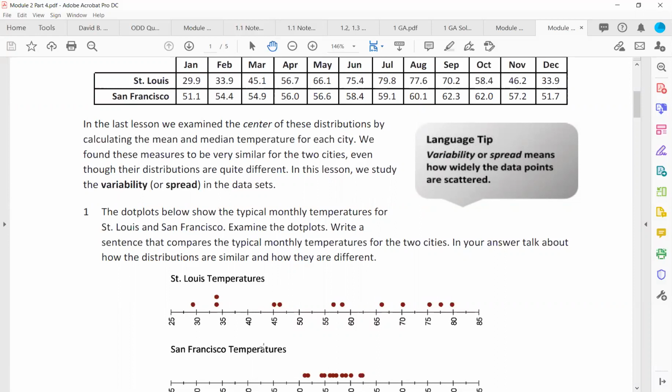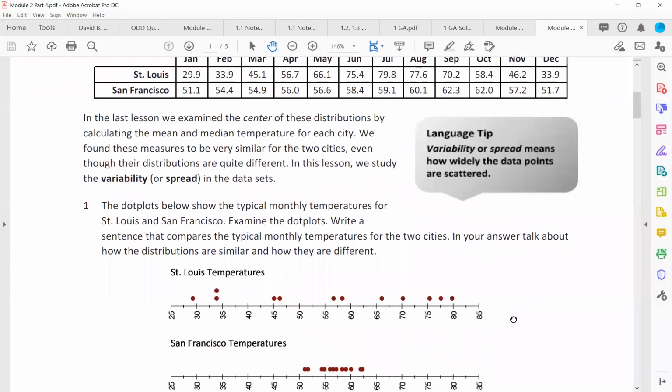However, for San Francisco temperatures, as you can see, the data are very clustered. They are very close to each other. Let's take a look at the numbers, the temperatures in San Francisco. We have 51.1, 54.4, 54.9, 56.0, 56.6, 58.4, 59.1, 60.1, 62.3, 62, and 57.2, and 51.7.